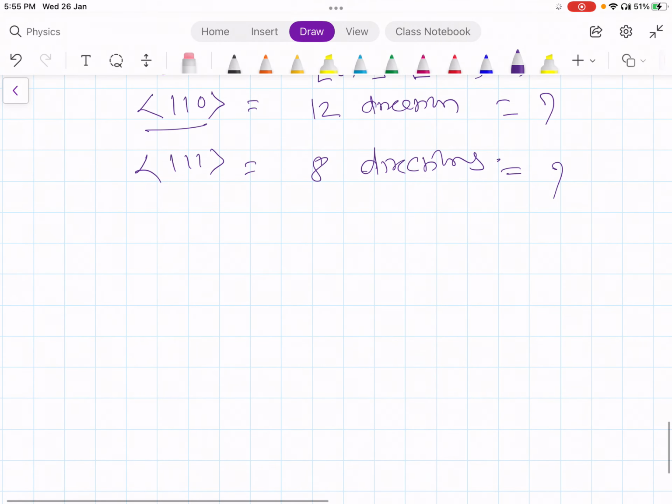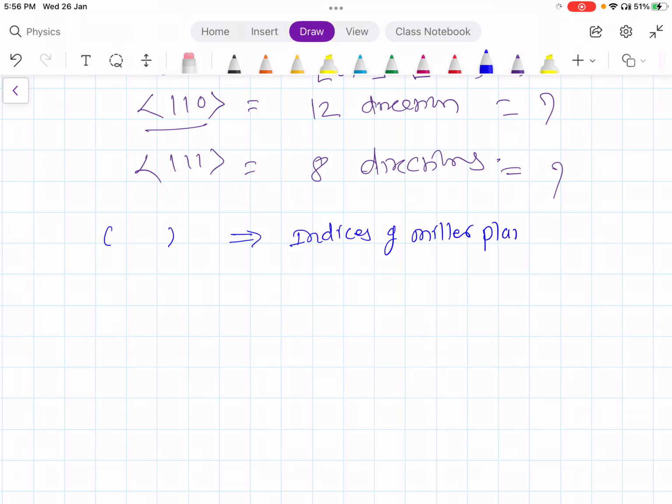So in this chapter you must have noticed the importance of the bracket. As you know, if the bracket is a curved bracket, then that indicates Miller indices of a plane. And if there is a curly bracket, then that indicates family of planes.